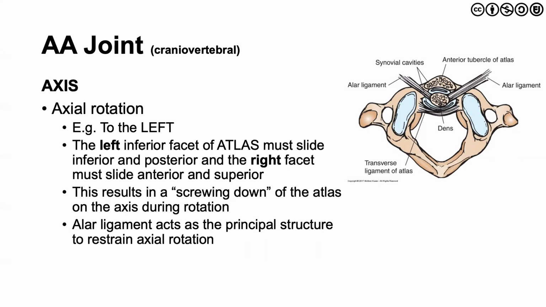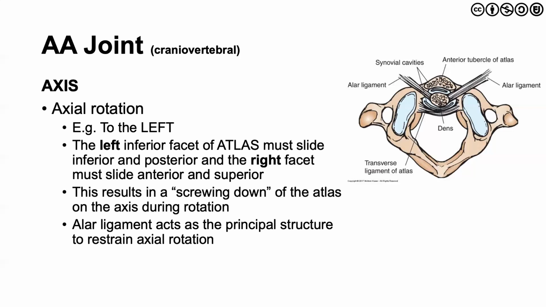When we think of axial rotation to the left, what's going to happen here is the left inferior facet of the atlas must slide inferior and posterior, and the right facet must slide anterior and superior. And this results in kind of this screwing down of the atlas on the axis during rotation. And this is important because not only does that provide stability, but secondarily, the alar ligament then also functions to restrain axial rotation.